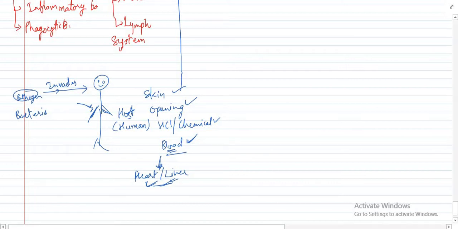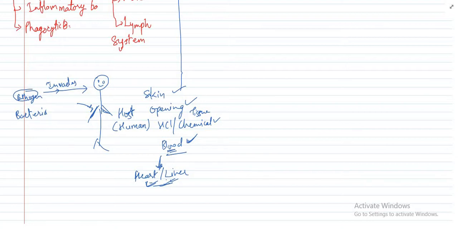After this, as I told you, suppose the pathogens are present in the skin, or in another tissue, or suppose they are present in the blood and reach the heart or liver. In midway of all these cases, there are lots of chances where they can encounter our immune system, and our immune system always works against them.